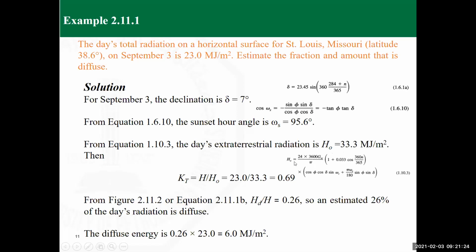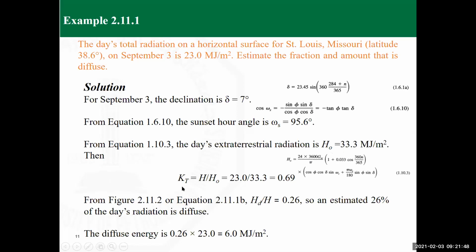Again, H naught, as I mentioned earlier, you can get from a correlation like equation 1.10.3, or from a figure or a table. You have the table and figure 1.10.1 that can provide us with the value of H naught. When you do that, you'll find that H naught is 33.3.